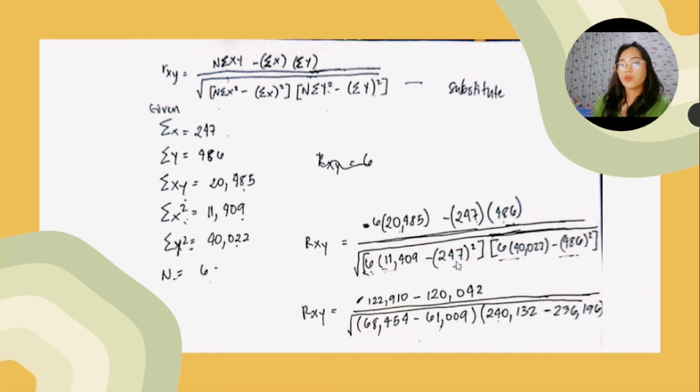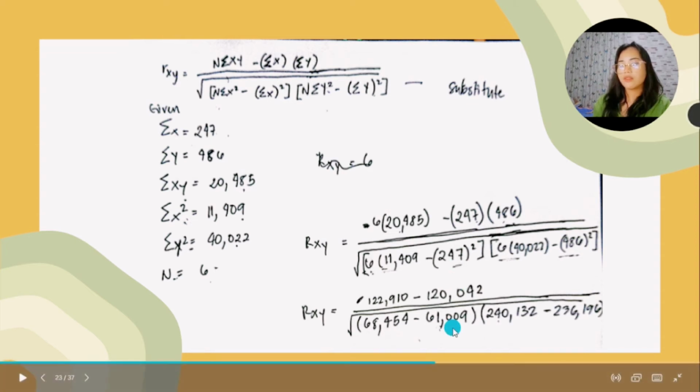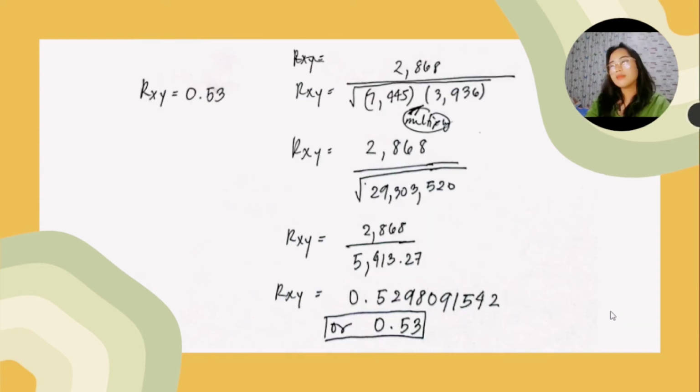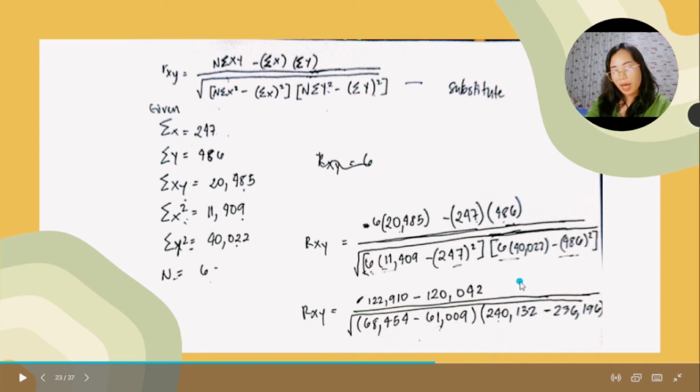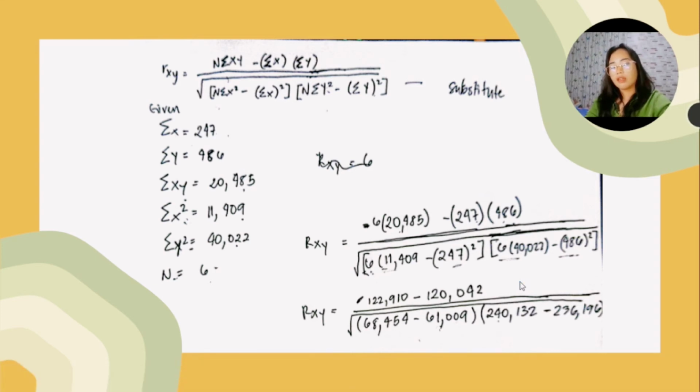The square of 247 is 61,009. For 6 times 40,022, we have 240,132. And the square of 486 is 236,196.